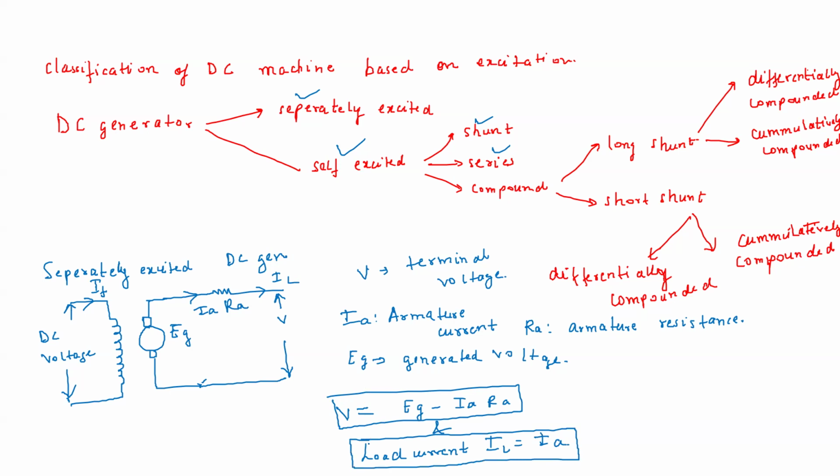Okay. So now here, you can see that we need a separate DC voltage for excitation purpose, and the field winding is here and the armature winding is here. Okay. So they're electrically isolated. For this machine, I'm writing just extra things here. Number one is that the field and armature windings are electrically isolated.